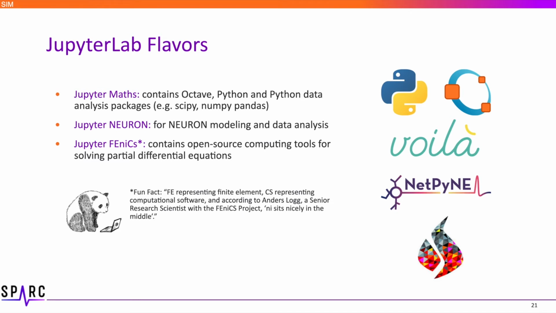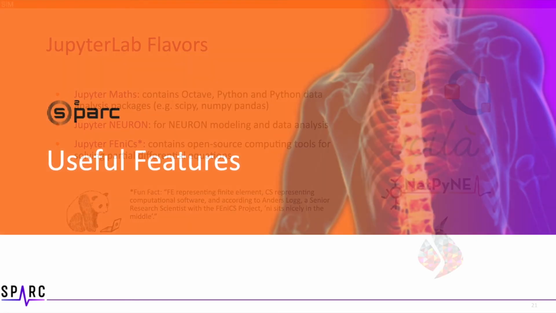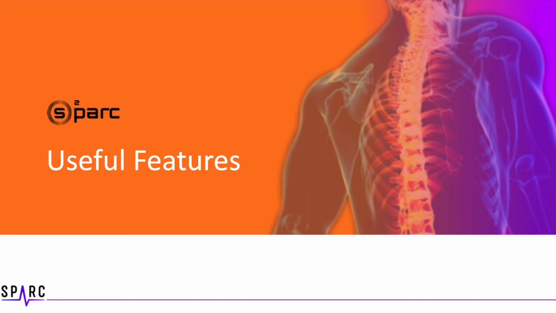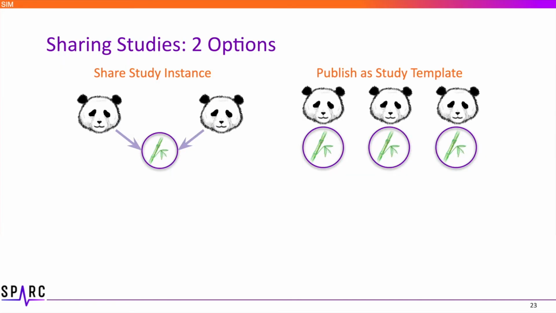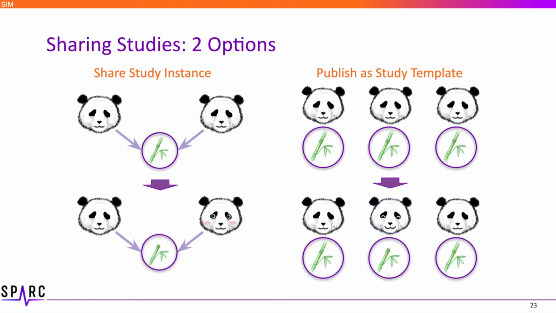Now that we took a look at the user interface, I wanted to go over some useful features of o²SPARC that you could perhaps take advantage of. The first thing is the sharing of studies. We have two options for sharing studies. One is sharing a study instance, and one is publishing a study as a template.